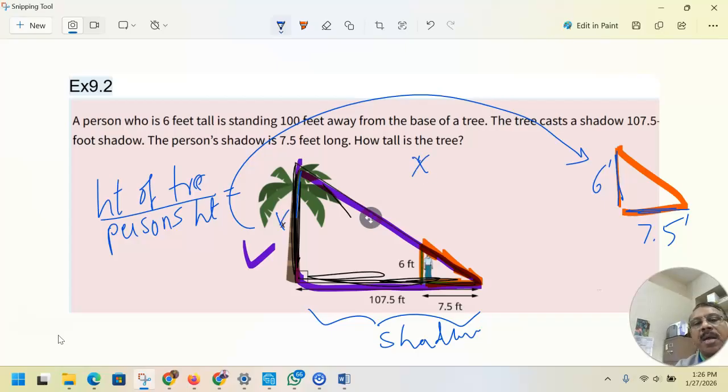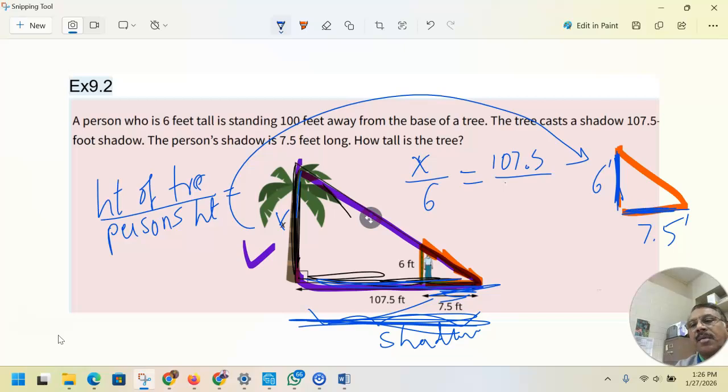So x divided by 6, the height of the person, equals the shadow of the tree, 107.5 feet, divided by the shadow of the person, 7.5.